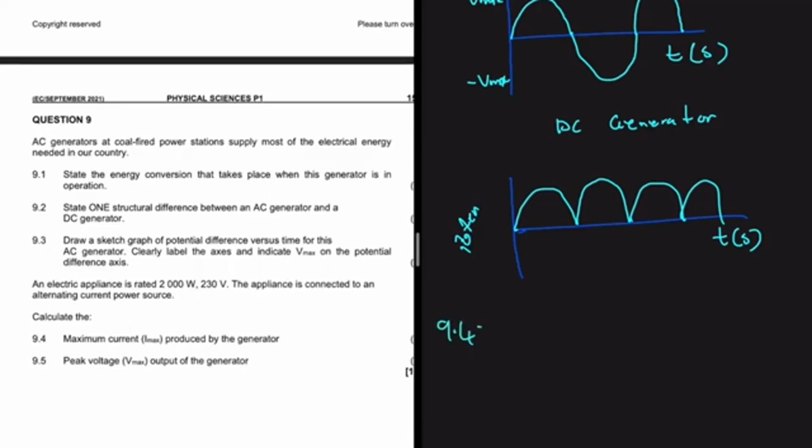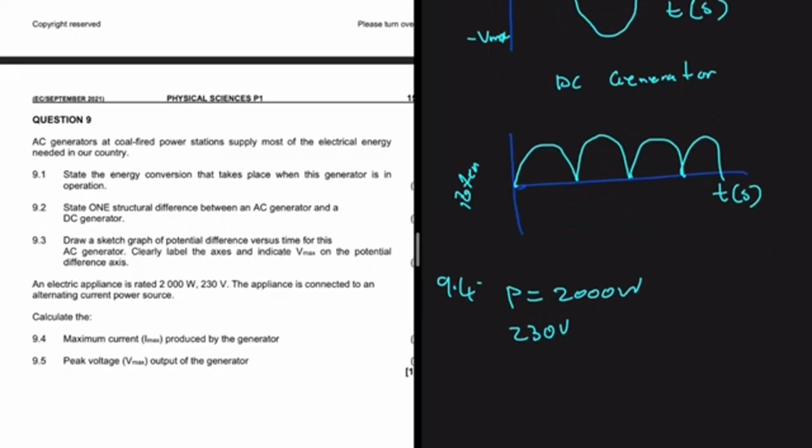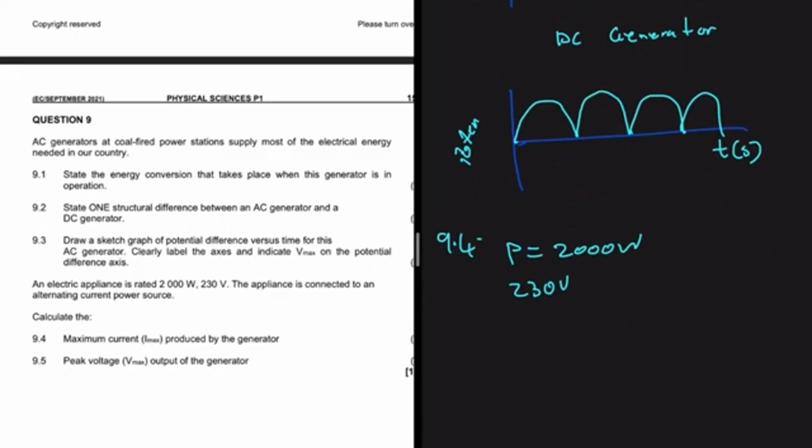Now let's do 9.4. So 9.4 says that an electric appliance is rated 2000 watts. We know that we measure power in watts. So as soon as I see 2000 watts, I'm writing P equals 2000 watts. It goes on to say that we also have another rating, which is 230 volts, and that the appliance is connected to an alternating current power source. What we are asked to do is to calculate the maximum current. So we are looking for I max.